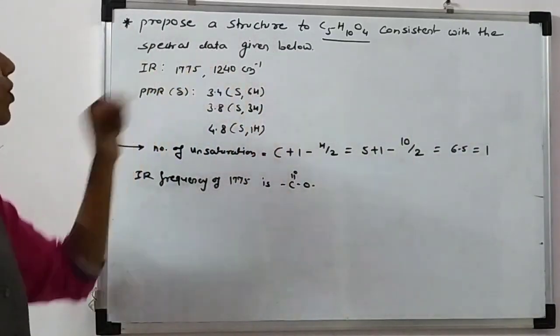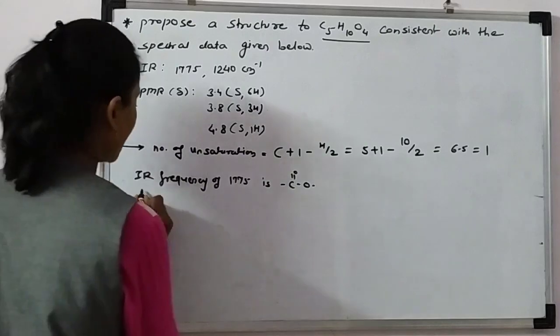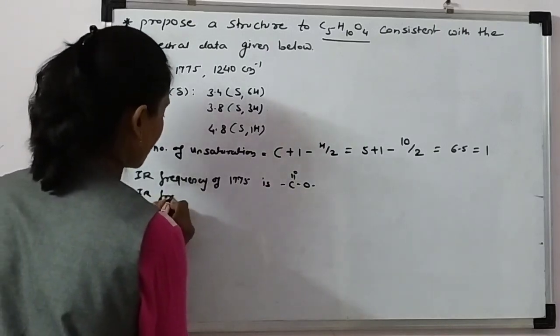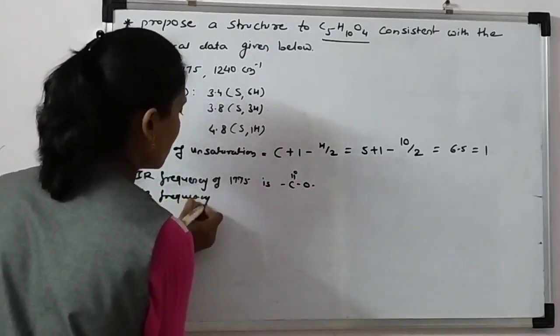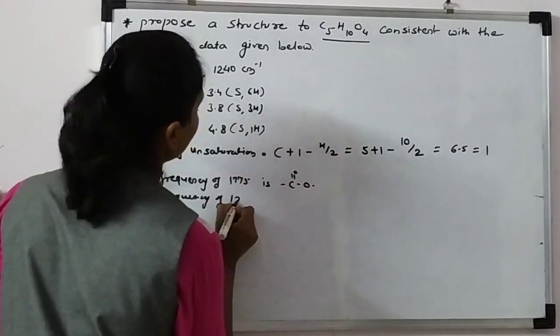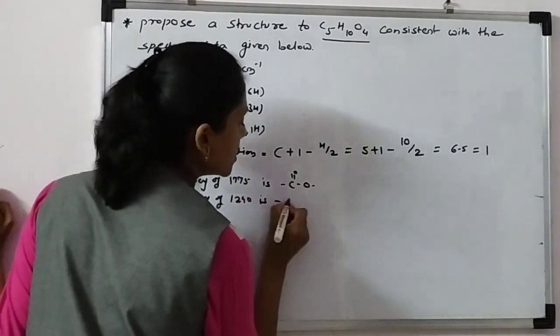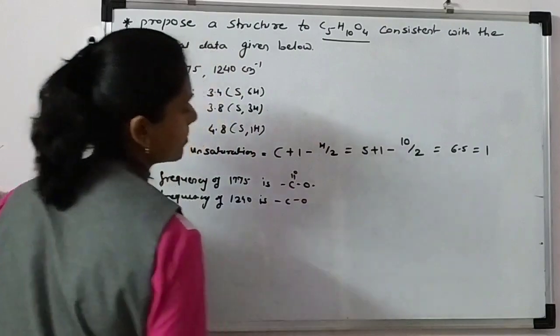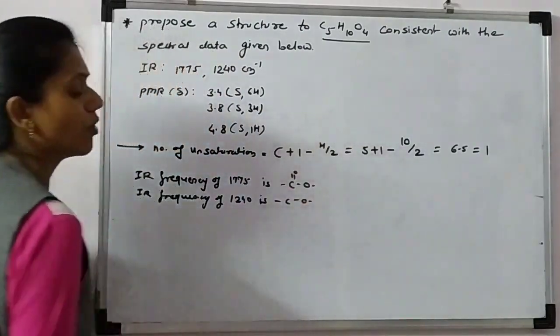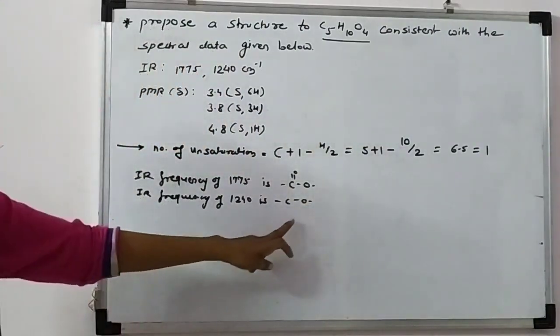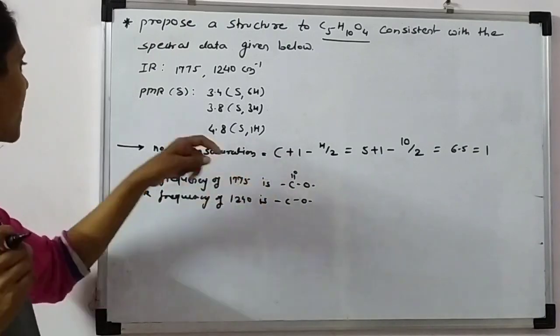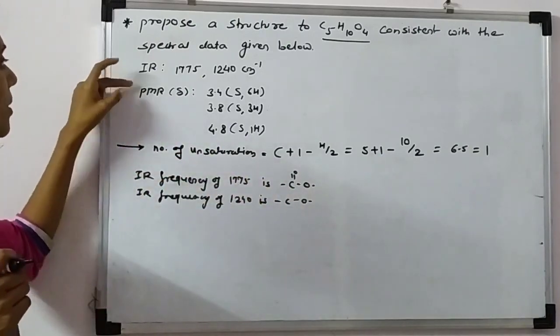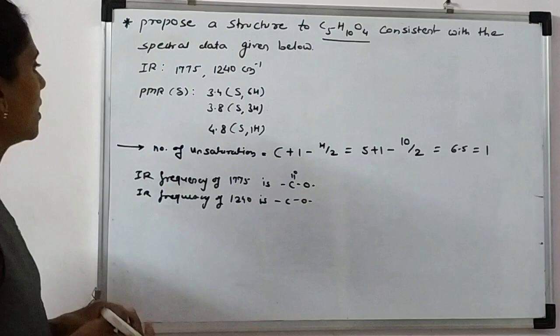Next one, 1240. The IR frequency of 1240 is a C-O bond. It's the fingerprint region. Now we go to the PMR data.